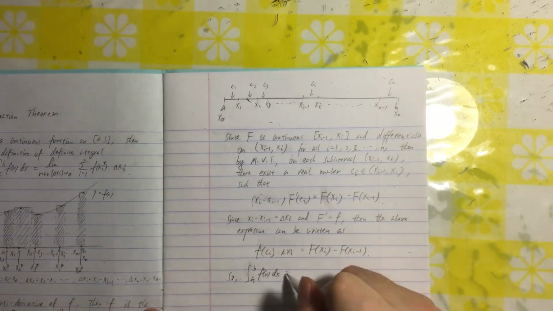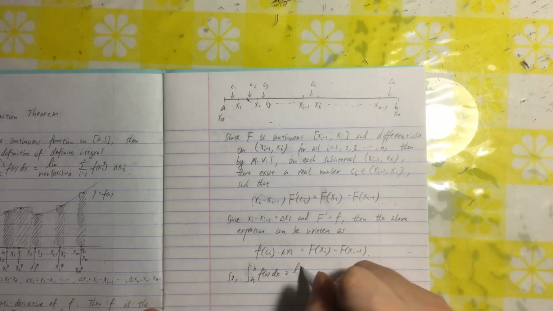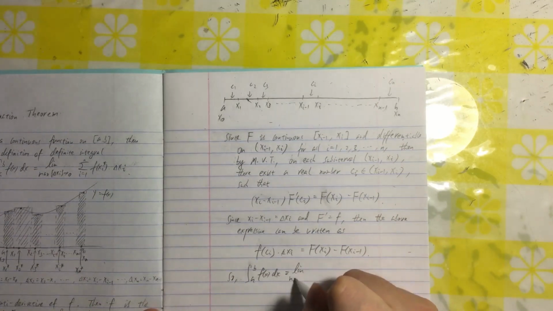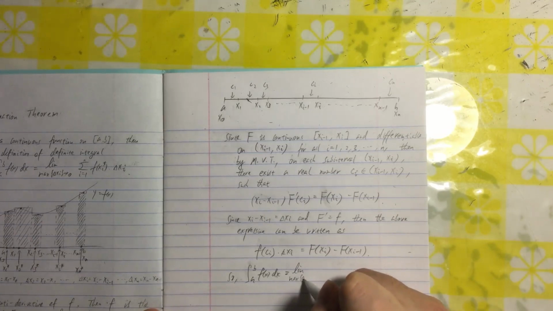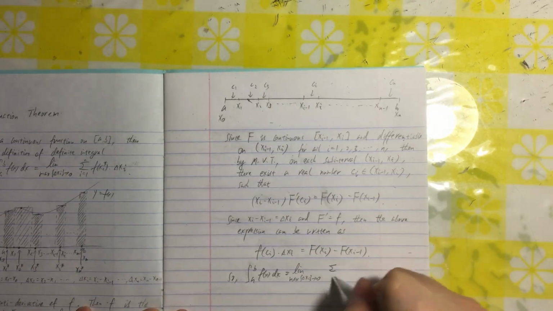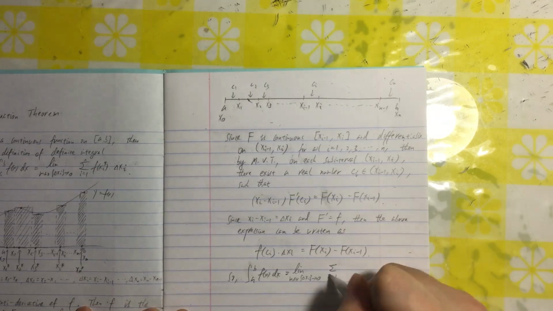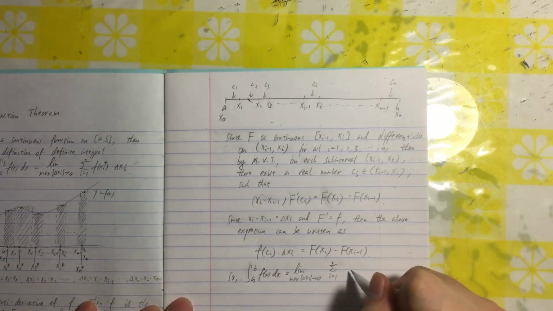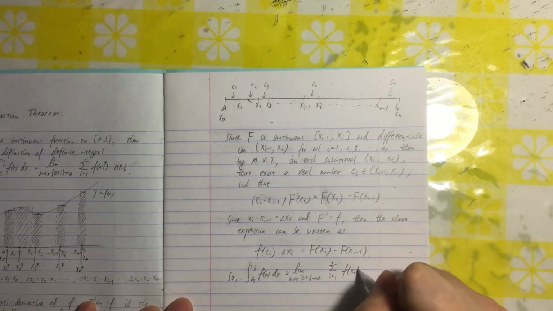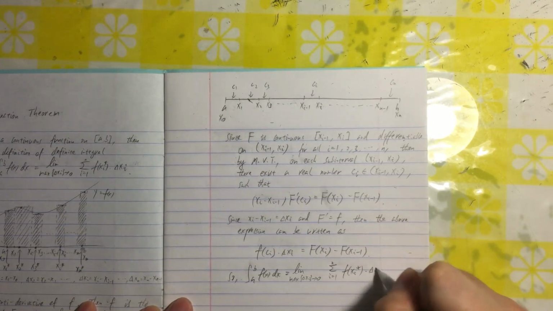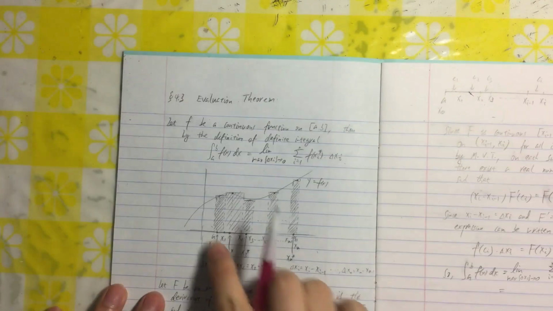By the definition of the definite integral, that's the limit as the maximum delta x_i approaches 0, sigma i from 1 to n, f of x_i star times delta x_i. What's x_i star? x_i star is the sample point on each subinterval.